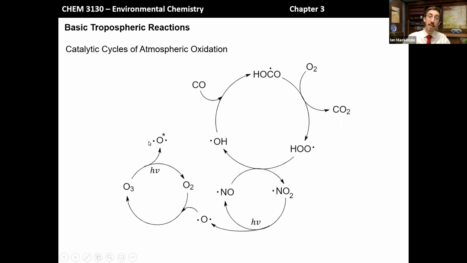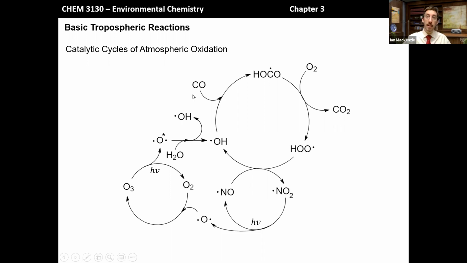That excited state oxygen atom will react with water vapor that's in the air to essentially regenerate hydroxyl radical and generate another equivalent of hydroxyl radical. So these are the many processes that are going on.